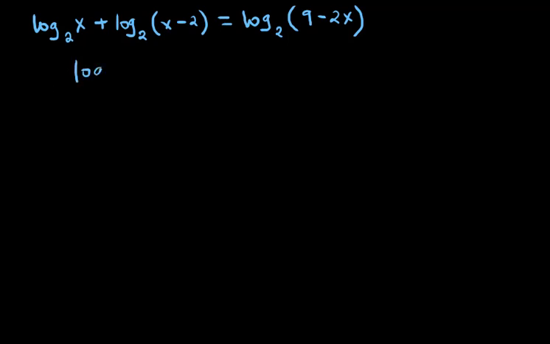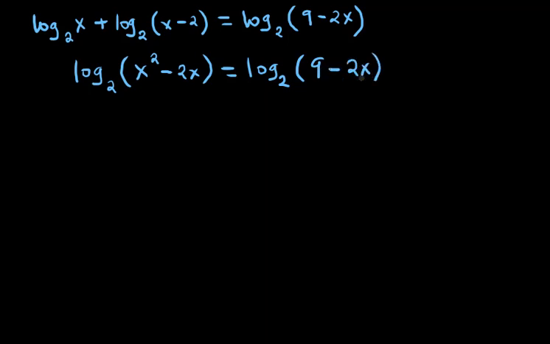So this is the same as log 2, and then this multiplied by that will give us x squared minus 2x, like that, equal to log 2 then 9 minus 2x, like that. And then from here, since we have log 2 and log 2 that side, the two logs can cancel out.